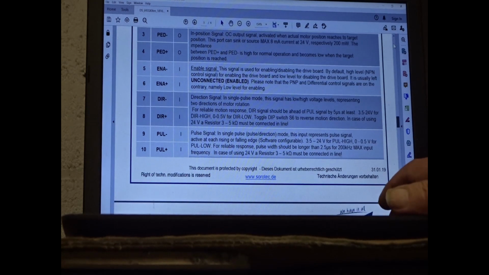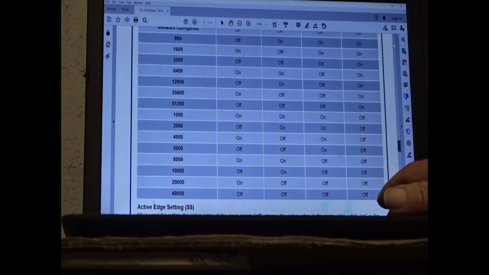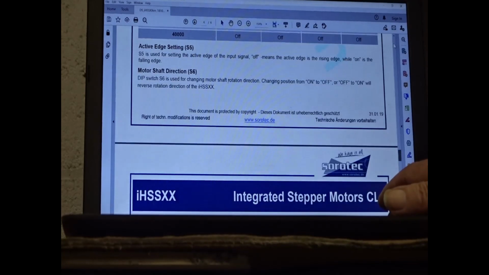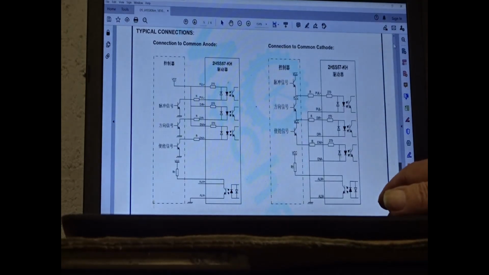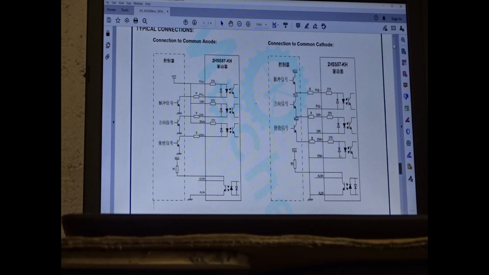Okay, and if I go on down, this is using common anode. So the resistors are all on the downside. VCC is connected to pull plus, star plus, and enable plus.